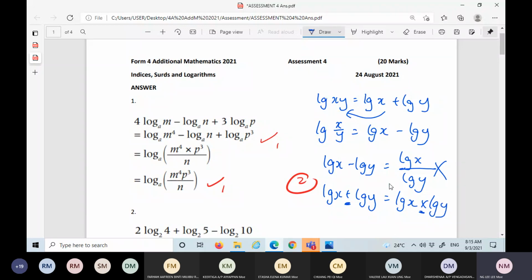Cannot. Minus how can it become divide? Cannot. If the minus you want to become a divide, you must combine the log. You only write the log one time. This one is correct, this one is wrong. Same as this. If you want to combine the plus, this must be one log only, so log xy. So this is wrong, this is correct.